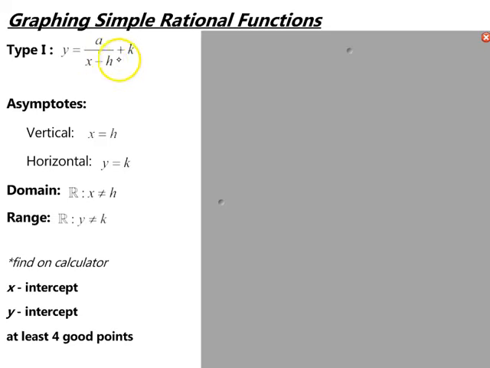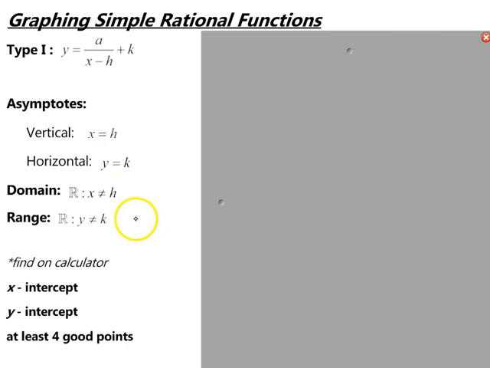So whatever value we see for h, it's actually going to be the opposite sign of what we see. The horizontal asymptote is going to be the line y equals k. And since in the original equation we have plus k, whatever sign you see, positive or negative, for the value of k is going to be the same for the horizontal asymptote.